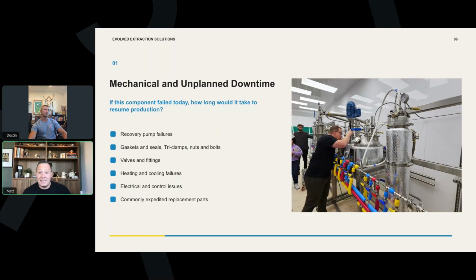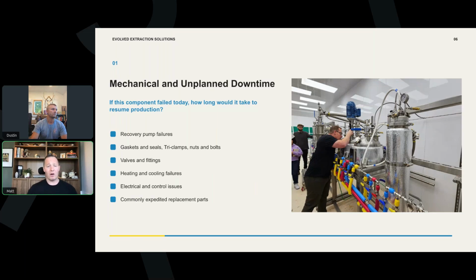The one other piece is the heating and cooling infrastructure in your facility. These are extremely critical components on extraction systems. They need to be accurate. In some cases we're doing extremely low temperatures, medium, high temperatures, and we need them to be accurate. So these things need to be maintained and kept up to a certain spec, but also have critical parts on hand, or even completely redundant systems.